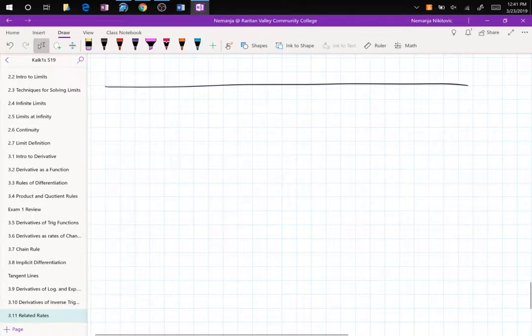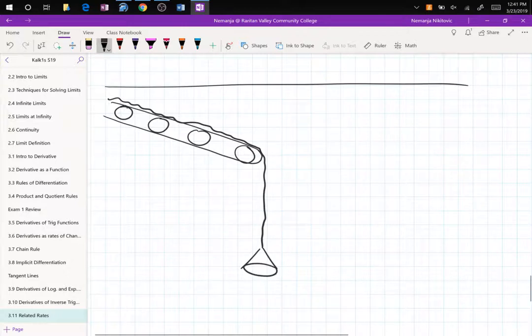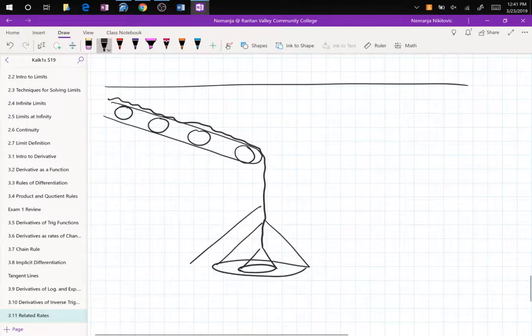So if you have a conveyor belt coming in, and you have stuff on it, it falls off of there and creates a little conical pile on the ground. As time passes, the conical pile becomes bigger.